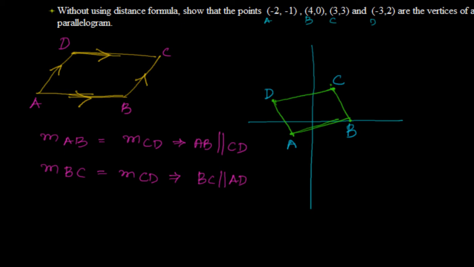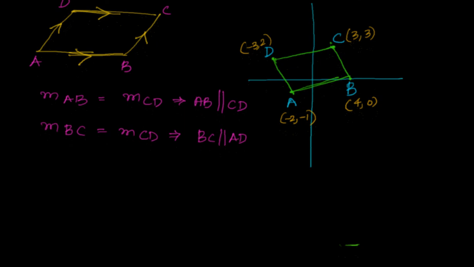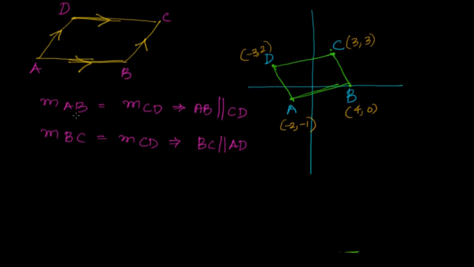We know the coordinates of A, B, C, D. A is -2, -1 and B is 4 comma 0, C is 3 comma 3 and D is -3 comma 2. Now let's find the slope of all of these, then we can finalize whether AB is parallel to CD if the slopes are the same.